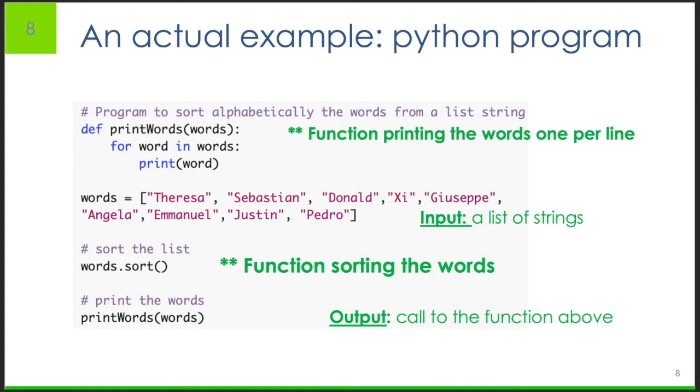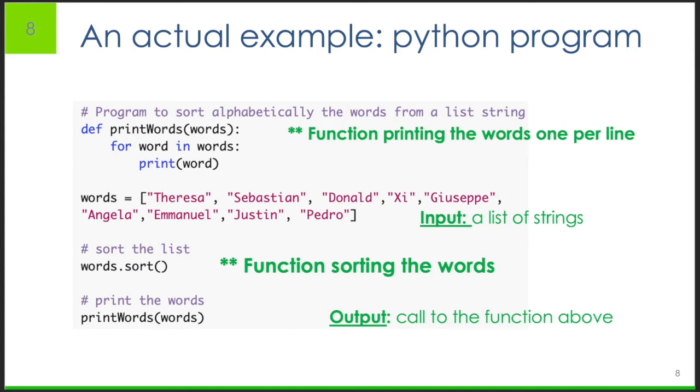So in this example, we want to simply sort alphabetically the words from a list. You have a function that prints the words, one per line. You have a list of strings as input of this program, in this case names: Teresa, Sebastian, Donald, etc.